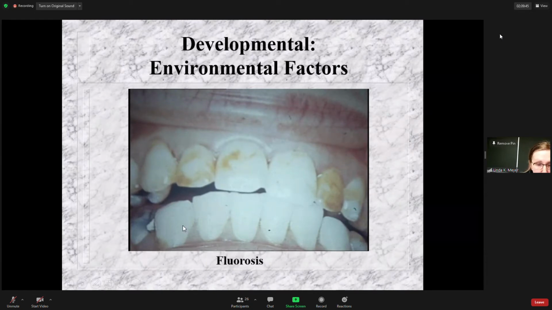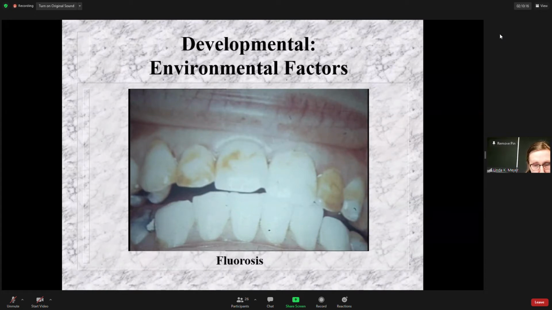When there's excessive fluoride taken in by the individual during tooth development, the patient can end up with white spots or even yellow and brown spots on the teeth, or have a condition that's called fluorosis. So fluorosis is actually a developmental condition related to environmental factors.